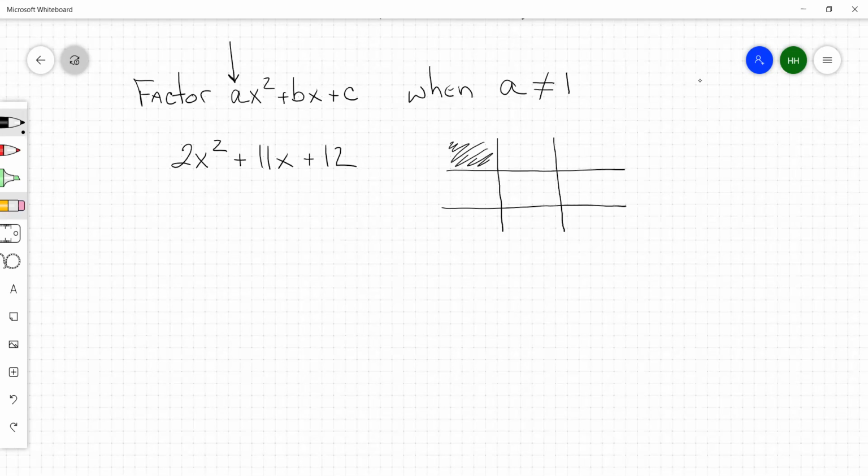But what goes in the first box of this column and in the second box of this row? Whatever goes in there has to multiply to 2x squared.